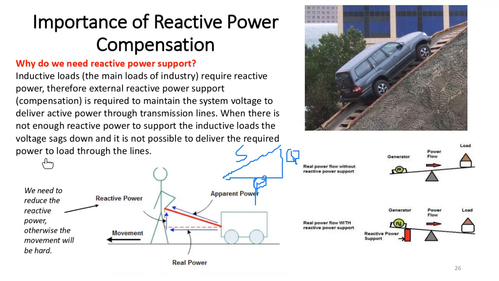We want to deliver real power and also reactive power if there are motors. Heavy industry needs reactive power. So we need to deliver real power and reactive power, but not too much reactive power. So we need external support for reactive power for the industry.